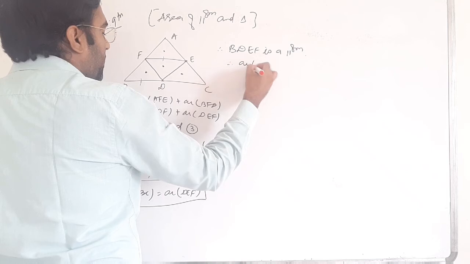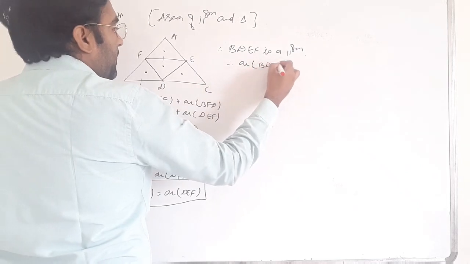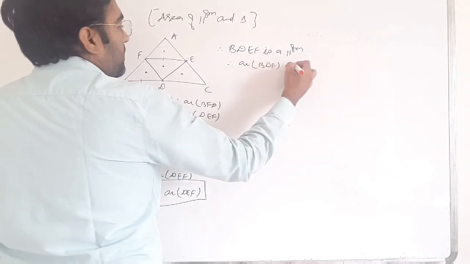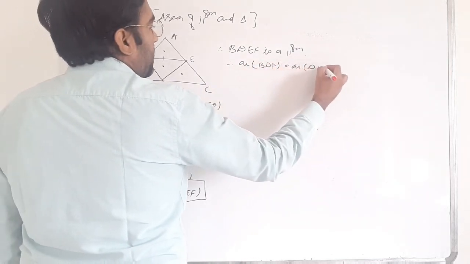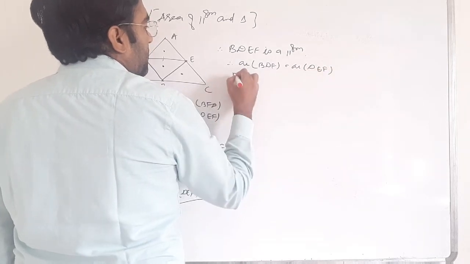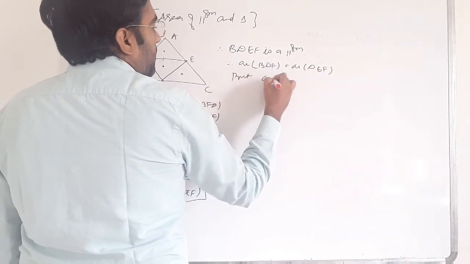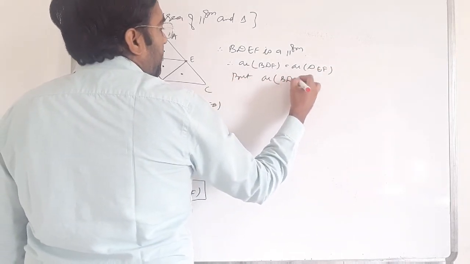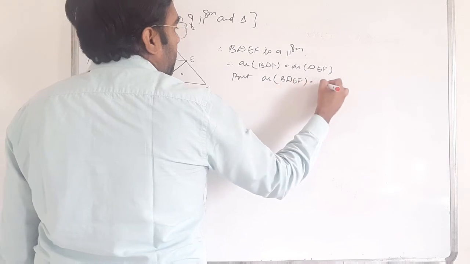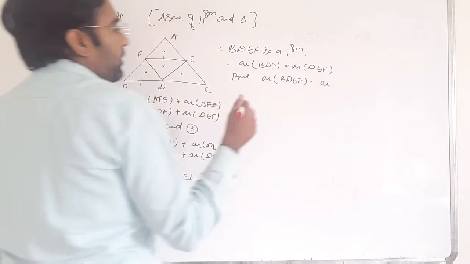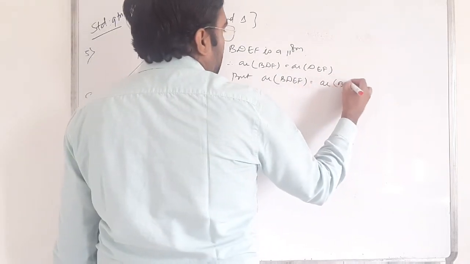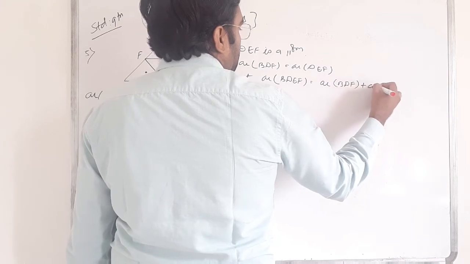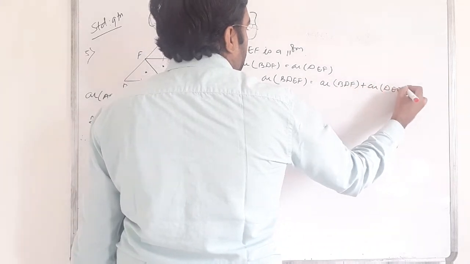So the area of BDF is equal to the area of DEF. The area of parallelogram BDEF is divided into two triangles, so area of BDF plus area of DEF.